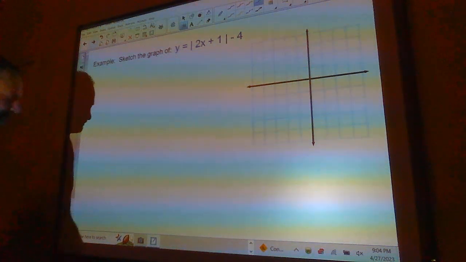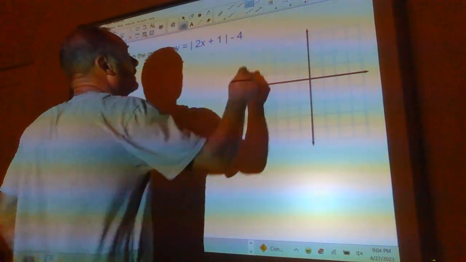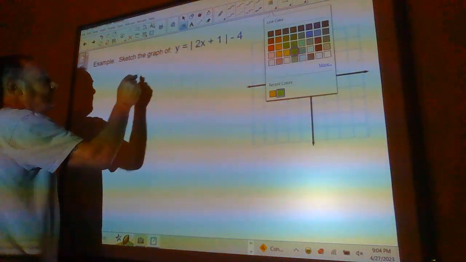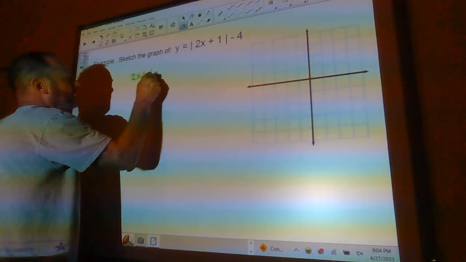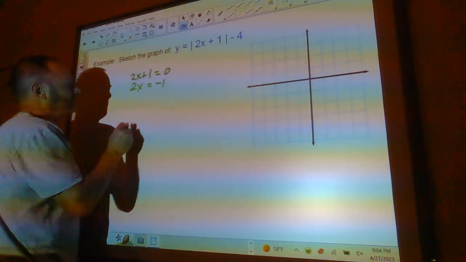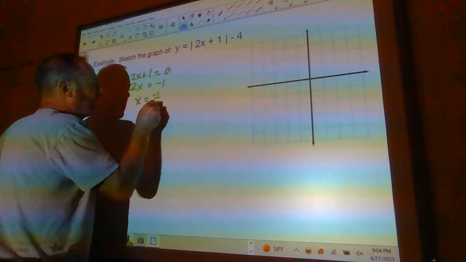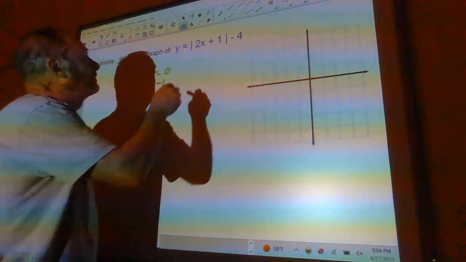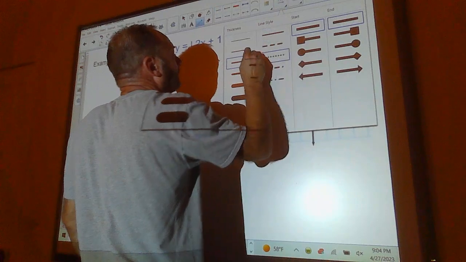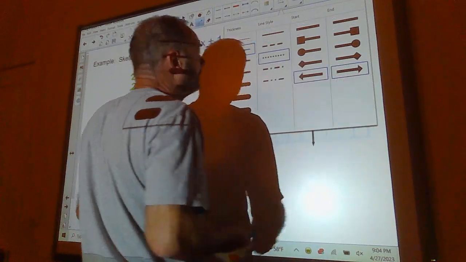Okay, let's look at this one. Use a bright and cheery green color on this one. So I'm going to take this, 2x plus 1, set it equal to 0. 2x is negative 1. X is negative 1/2. That's my axis of symmetry. So I'm going to get a nice axis of symmetry on this one.